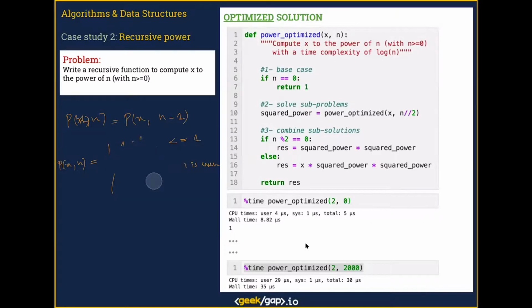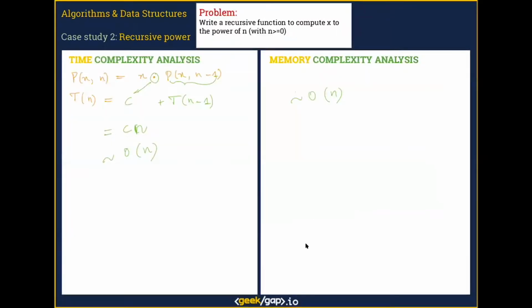So let's do it like this. Here we saw that the time complexity and memory complexity for the power function, the way we defined it, is linear, both time and memory. My expectation is they will both be linear. Yeah, exactly. I noticed it was similar to the factorial.